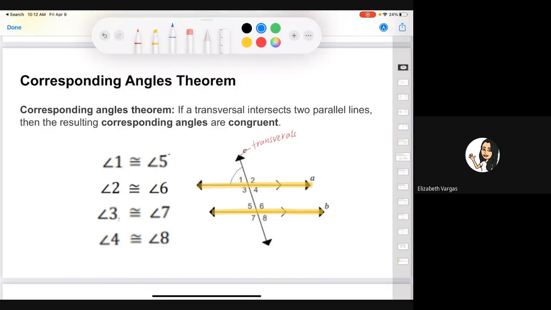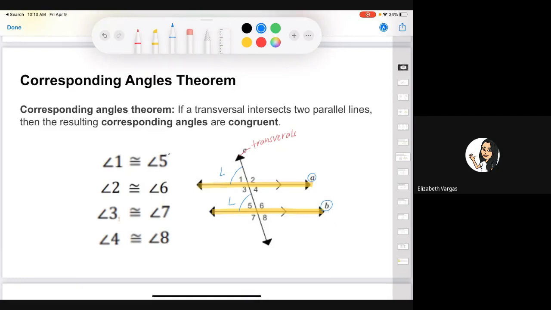So like 1 and 5 are corresponding angles because they're on the same location of whatever line they are. So 1 is on the far left of line A, and 5 is on the far left of line B, so they are matching corners. So basically, we're looking for the corresponding location in relation to the lines that they are part of.